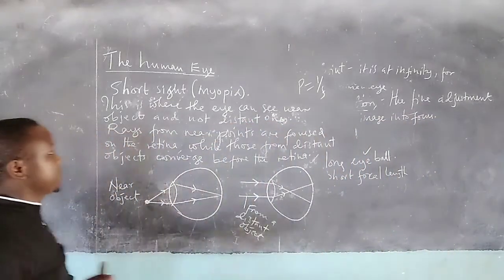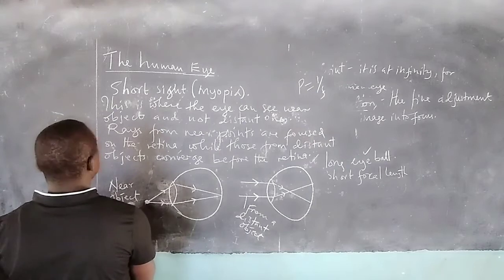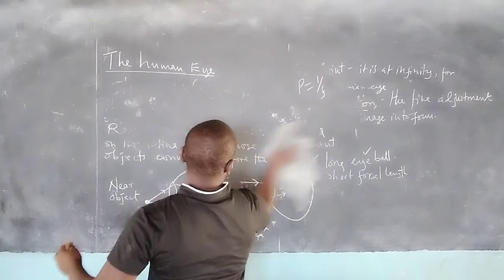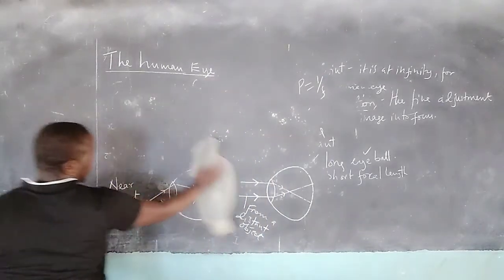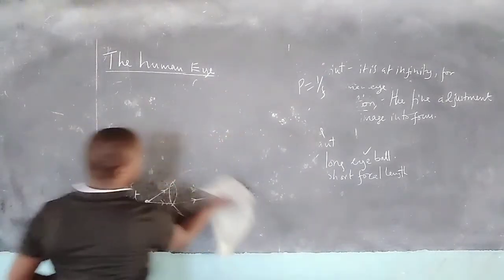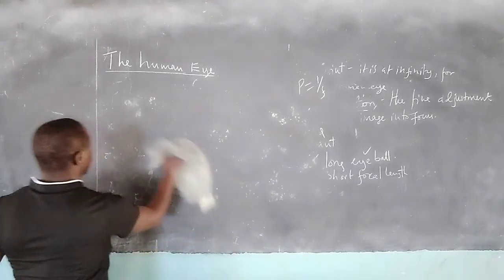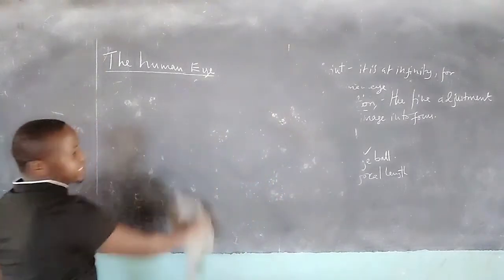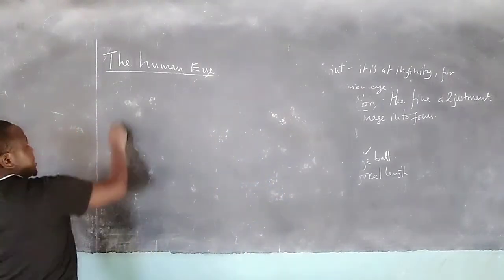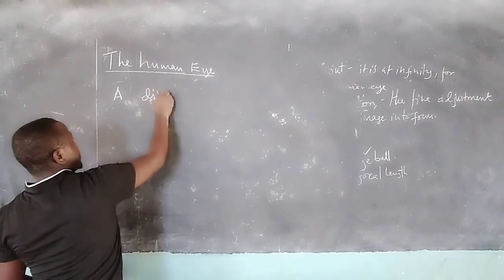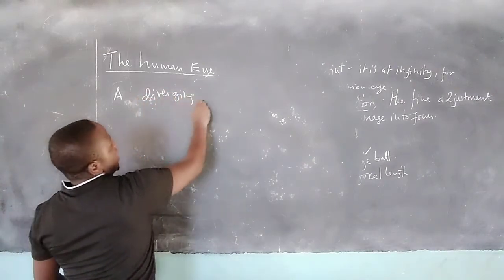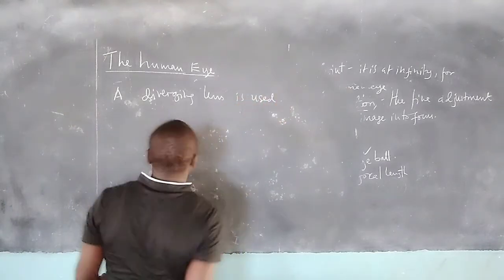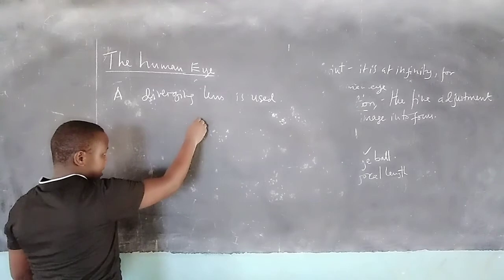Let's see how short-sightedness is corrected. In the correction of short-sightedness, a diverging lens is used.